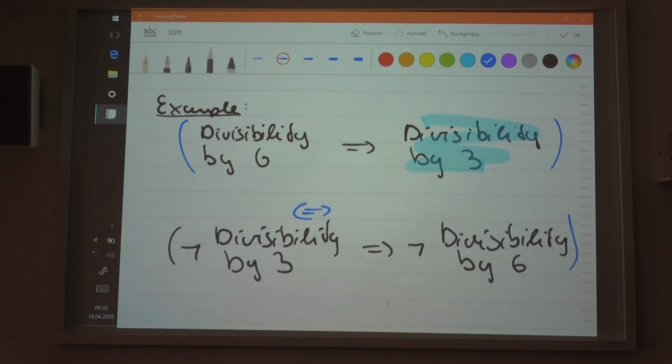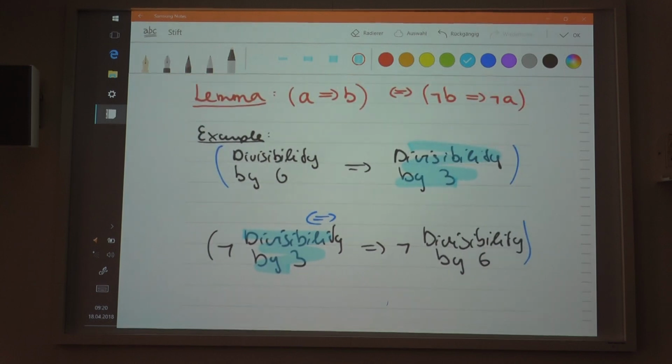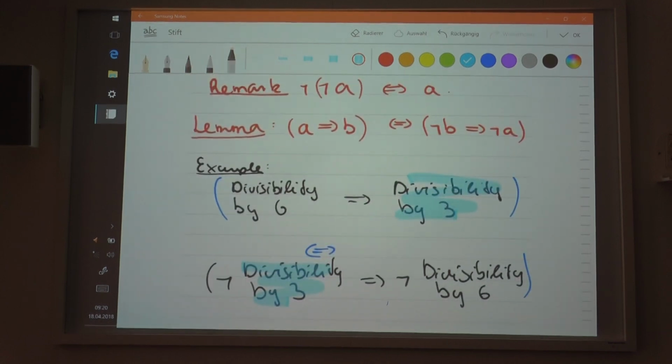So showing the statement this way around is easier, and then you have automatically shown that divisibility by 6 implies divisibility by 3. That's why B is a necessary condition for A, because if B is not true, then A cannot be true either.